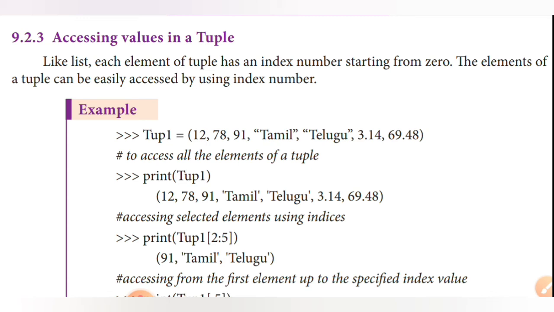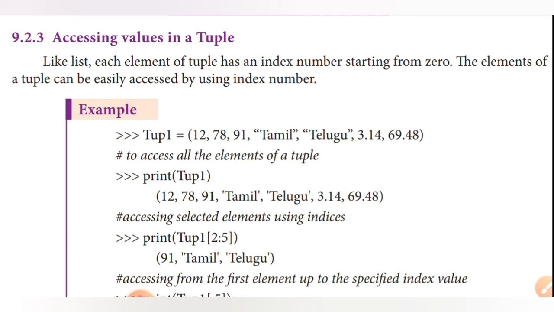We already know that tuples and lists hold a list of values, and those values can be of any data type. In this example, the first 3 elements are integers, then 2 elements are strings, and the last 2 elements belong to the float data type. These elements are collectively known as a tuple.